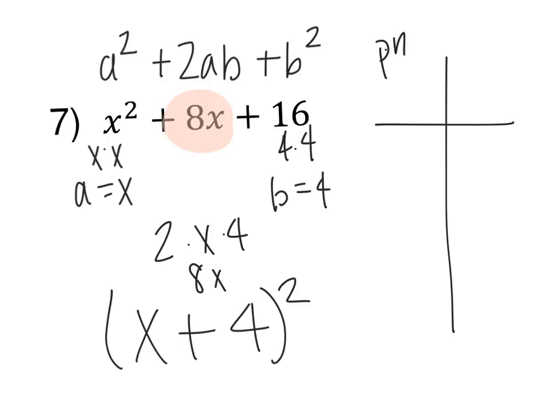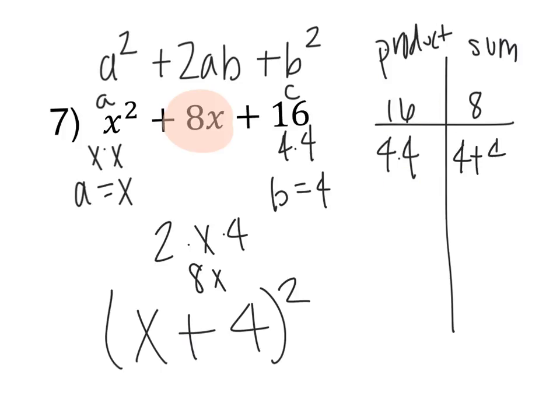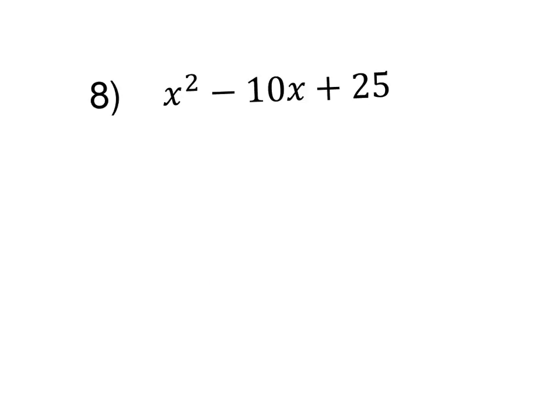And you can label your left side as your product, which would be a times c, which would be 16, and the right side as your sum, which is b, and that would be 8. And 4 times 4 is going to be your set of numbers that works, because 4 times 4 is 16, and 4 plus 4 is 8. And you can go through and you can factor this the way we've been factoring. There's nothing wrong with that.